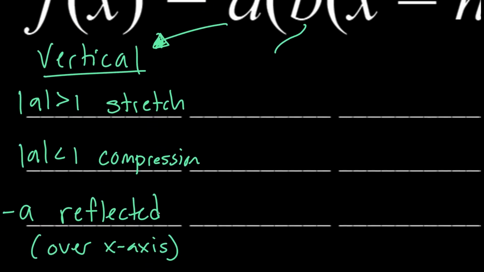Now, you haven't done very much with B. We're going to do a little bit more in this unit. B is the what transformations? The horizontal. Now, is your B being cubed?